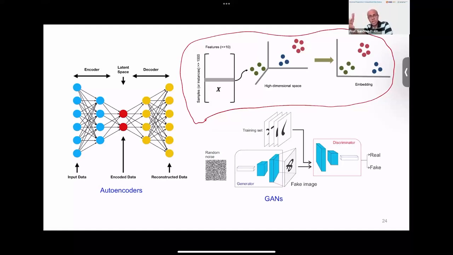But you can also generate images, sequences, text sequences, time series data using the Bayesian version of an autoencoder, the probabilistic version of an autoencoder, which is the variational autoencoder.